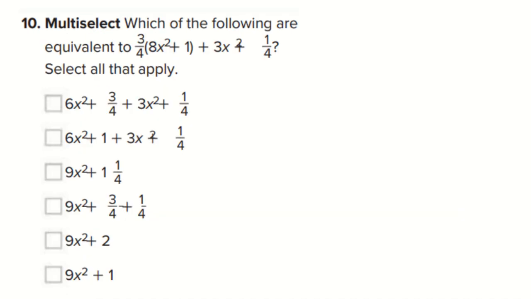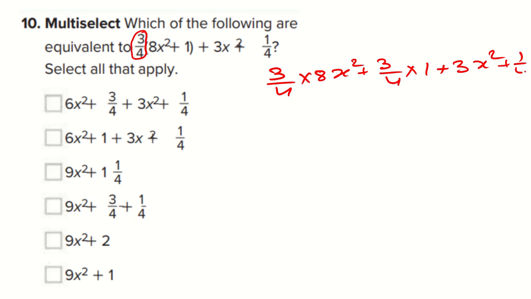Okay. Now, which of the following are equivalent to 3 over 4 8x square plus 1 and then this expression. Okay. Now you see this number using distributive property, you will simplify this. So 3 over 4 times 8x square plus 3 over 4 times 1 plus 3x square plus 1 over 4.